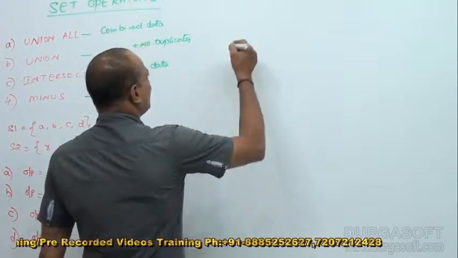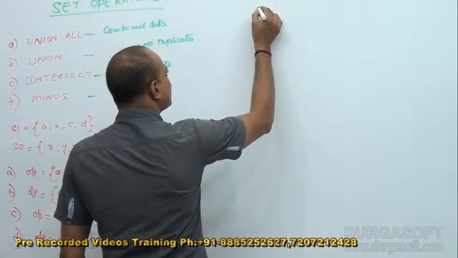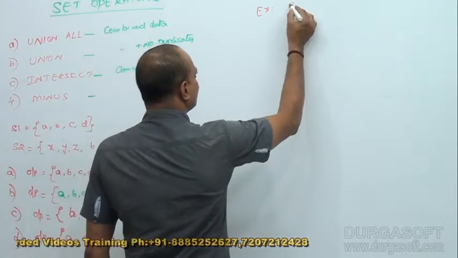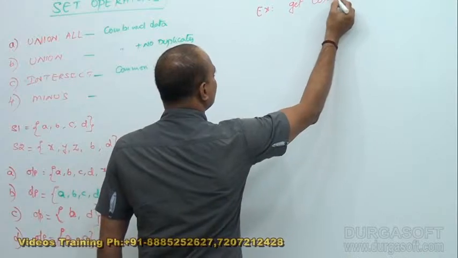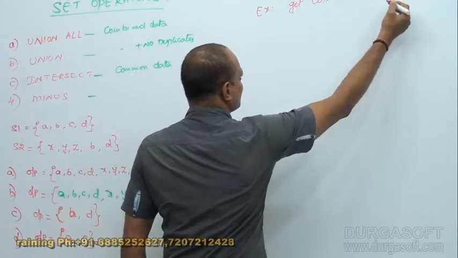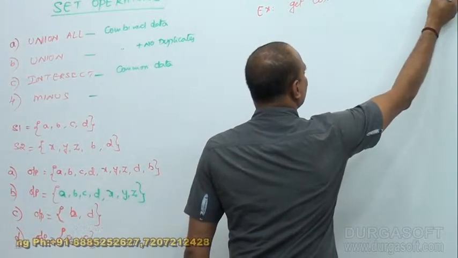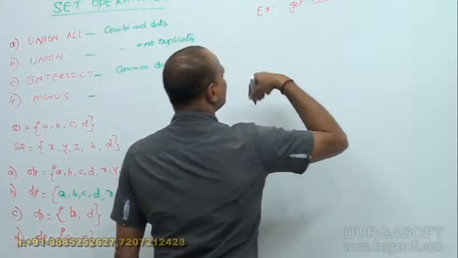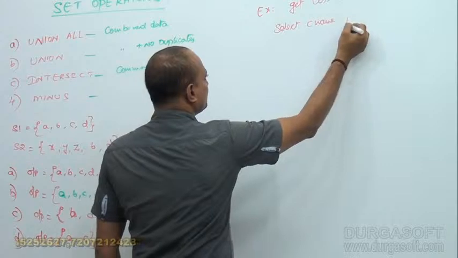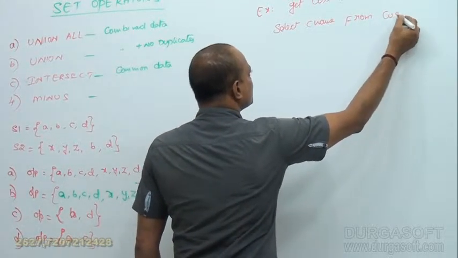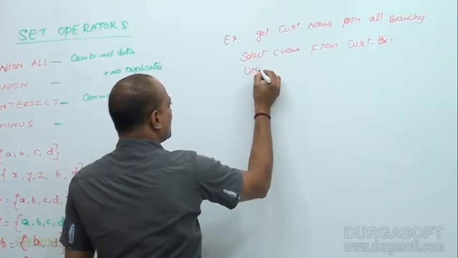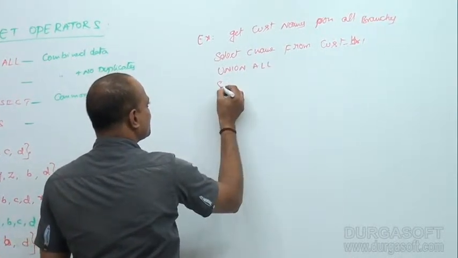See, let me write a simple example. First example, get all customer names from all branches. So how can I get customer names from all branches? Example: select CNAME from customers from branch 1, and you are not restricting any duplicates, so union all.